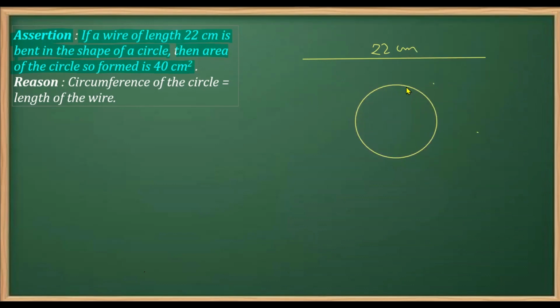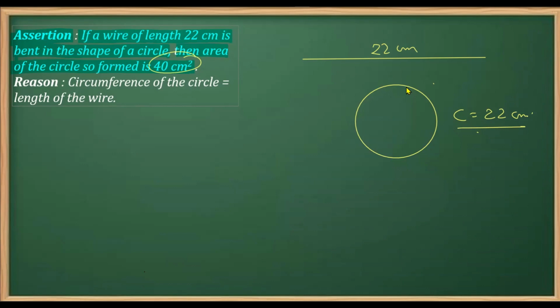It's very clear that since this wire is used in making this circle, obviously its circumference, which is 2 pi r, should be 22 centimeter. And they are saying that the area of this circle is 40 centimeter square. So let's figure out how to get the radius.